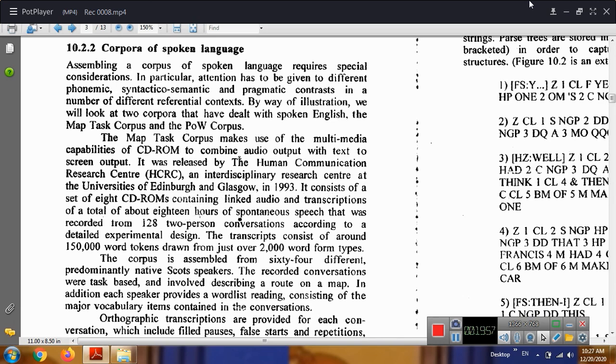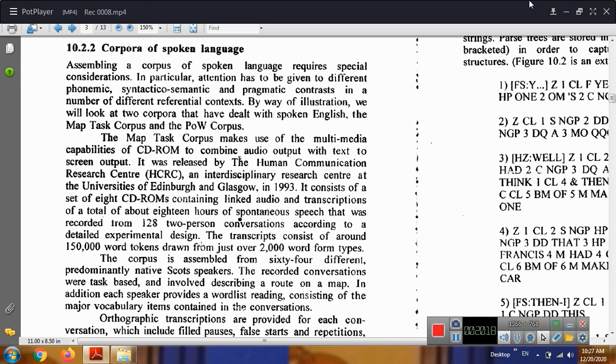It consists of a set of 8 CD-ROMs containing linked audio and transcriptions of a total of about 18 hours of spontaneous speech that was recorded from 128 conversations according to a detailed experimental design.